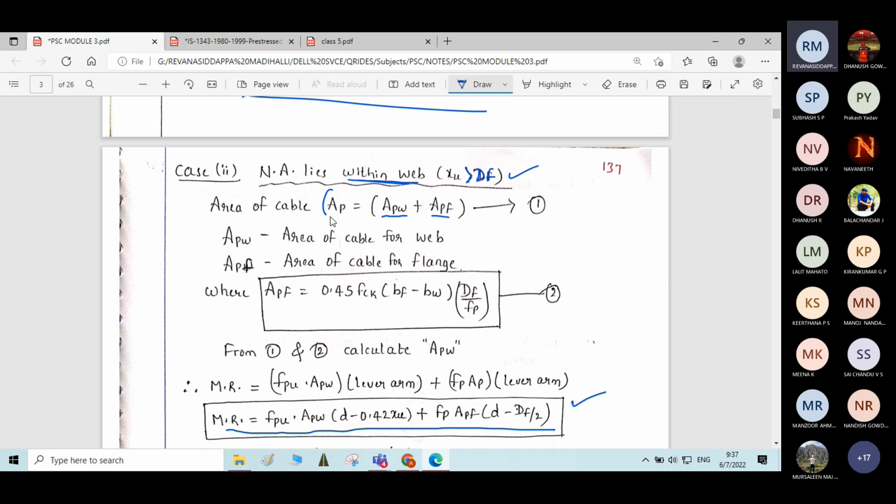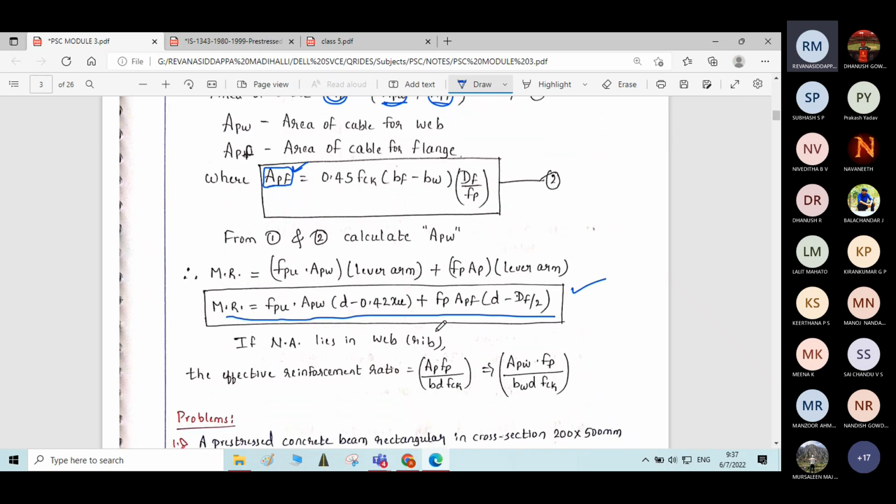In the problem, AP will be given, corresponding APW, APF will not be given. But we have the formula for finding APF, the area of pre-stressing steel required for flange section. Utilizing this formula, we will get the APF value. If you substitute APF value and AP value in this equation, you will get the APW value.